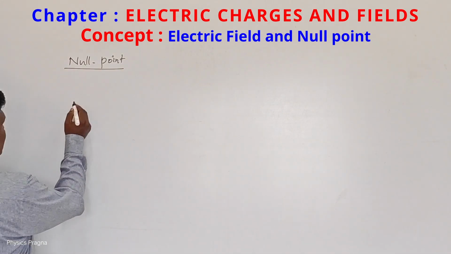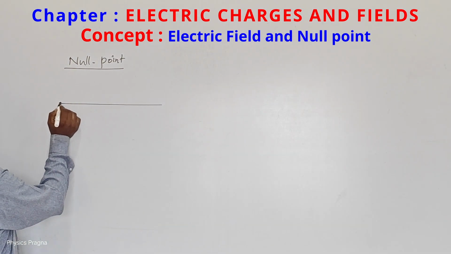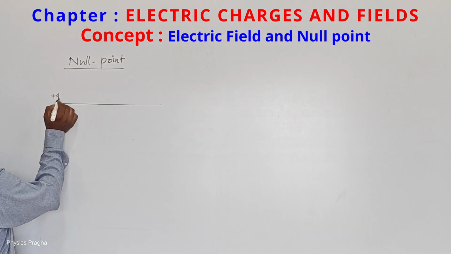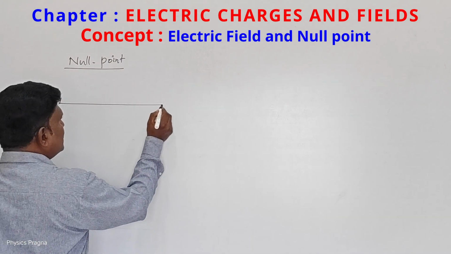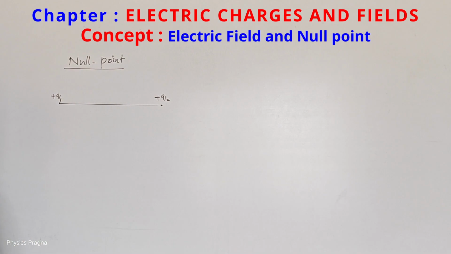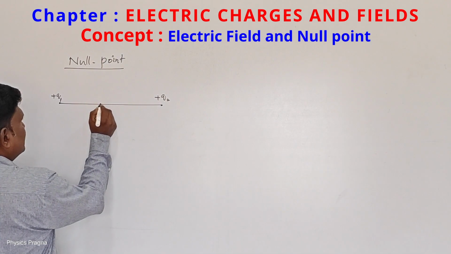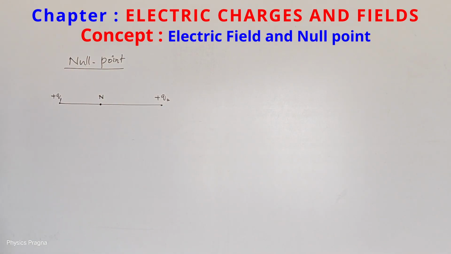So let us take 2 point charges here. This is plus Q1, this is plus Q2. Both are not equal, they are different values, Q1 and Q2. So somewhere in between here, the net electric field becomes 0.